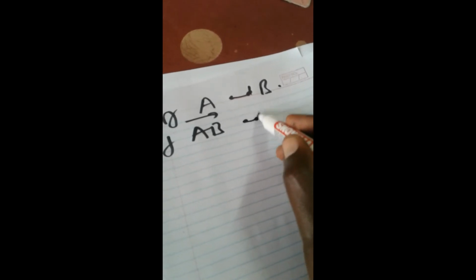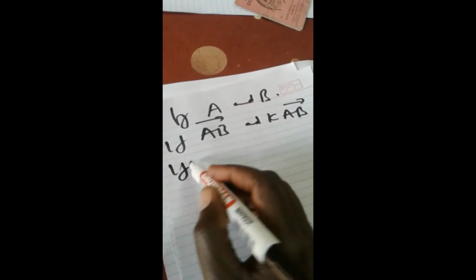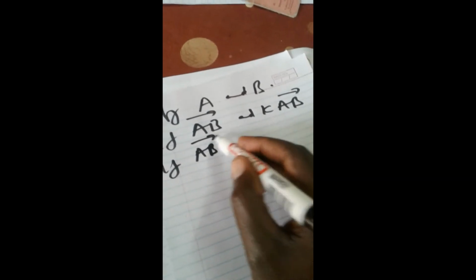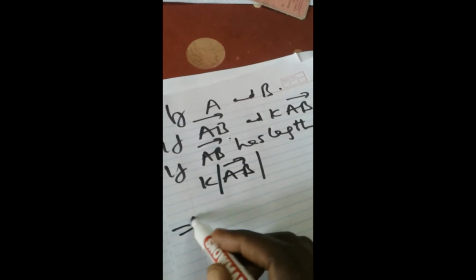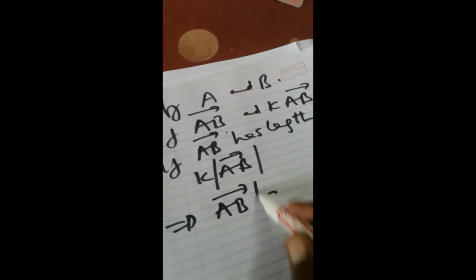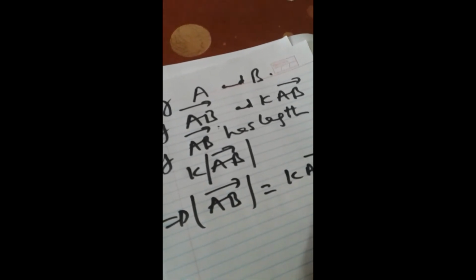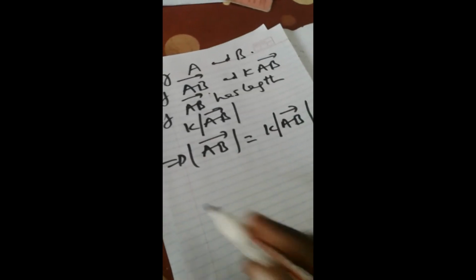If we have two points, say A and B, it means if AB is a vector and KAB is another vector that is a multiple by K, then AB has a length K times AB, where K is a scalar.